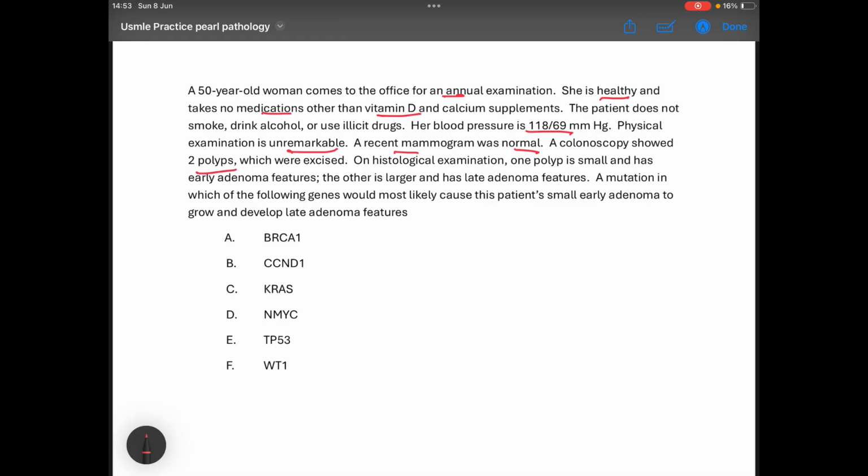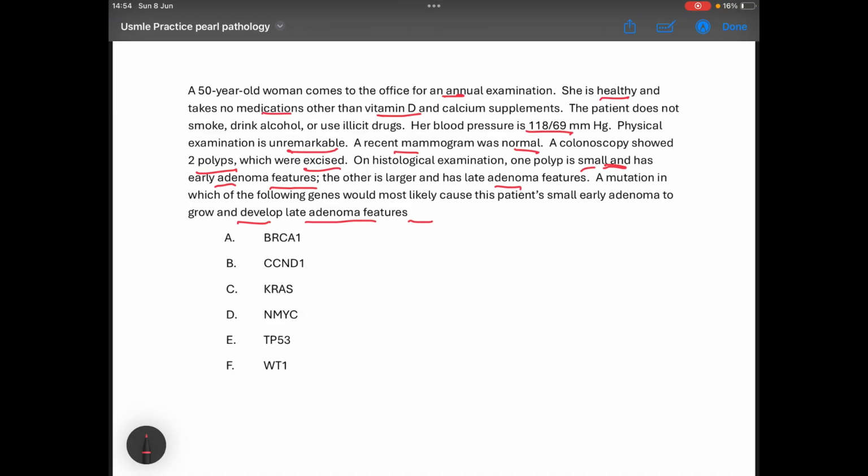Colonoscopy showed 2 polyps which were excised on histological examination. One polyp is small and has early adenoma features. The other is larger and has late adenoma features. Okay? A mutation in which proto-oncogene would be most likely in this patient for the small early adenoma to grow and develop late adenoma features?